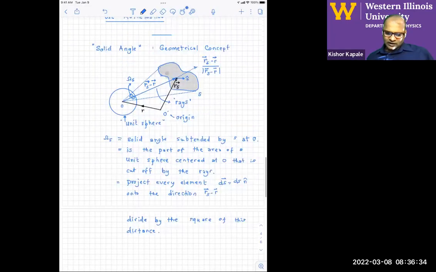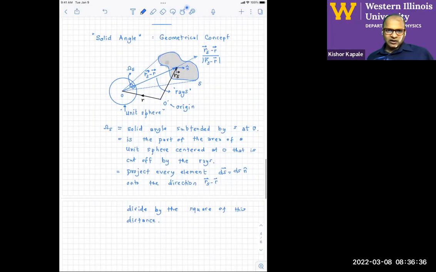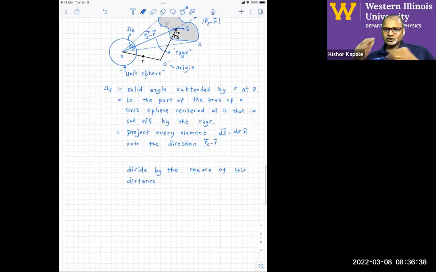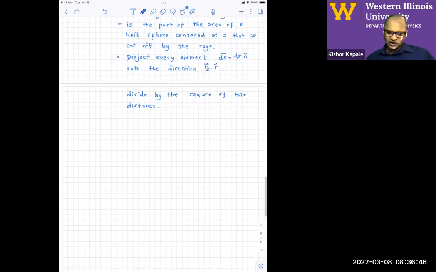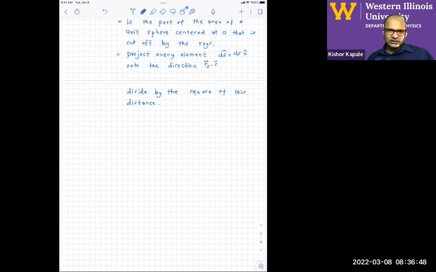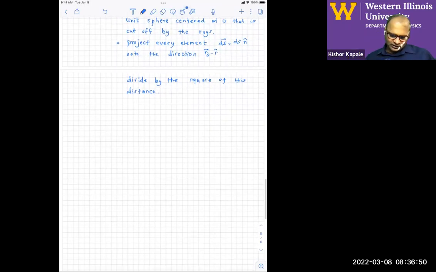Why do we have to divide by the square of the distance? Because of the projection onto the unit sphere. That's how far it is. The farther we are, the shadow is going to get smaller, and the amount by which it's going to get smaller is 1 over r squared. And so then we can now write down everything mathematically.